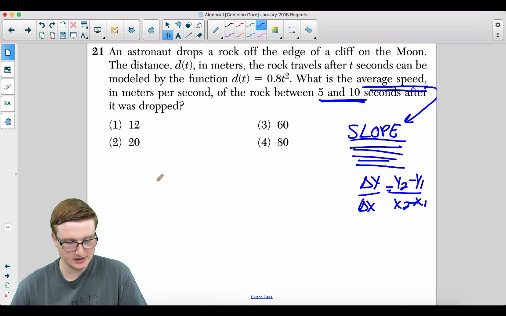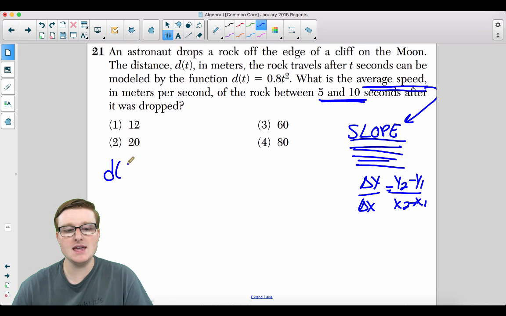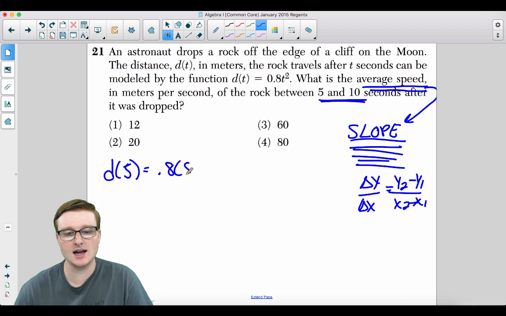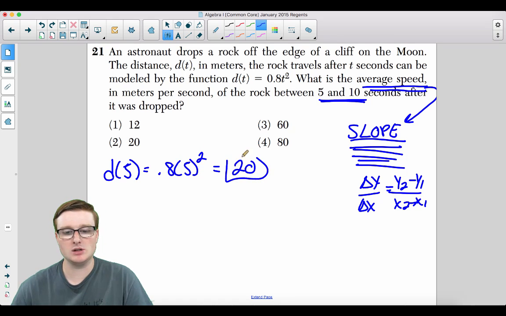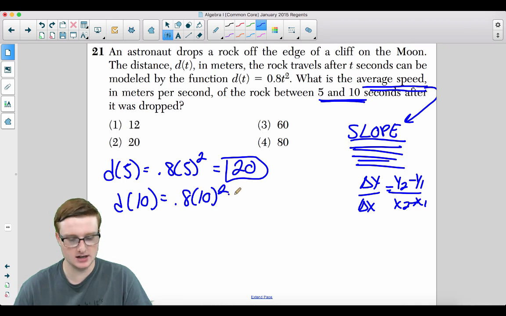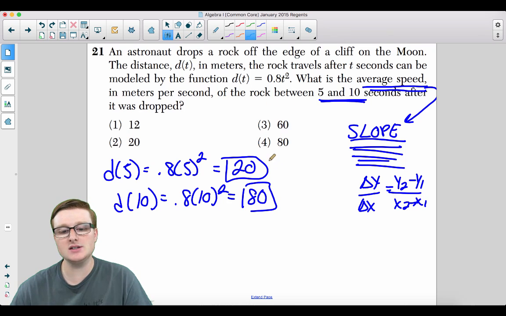So what we're going to do here is input d of 5. So we get 0.8 times 5 squared. That equals 20 when you plug that into your calculator. Now, d of 10 is equal to 0.8 times 10 squared, which is then equal to the number 80. So these are your y values. Now we're ready to start the slope formula. So here we go.